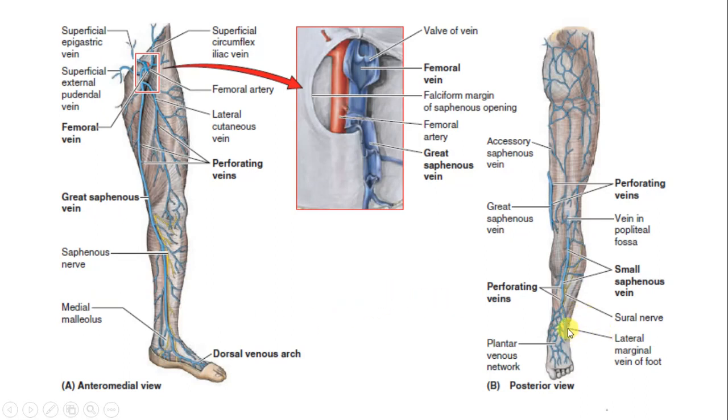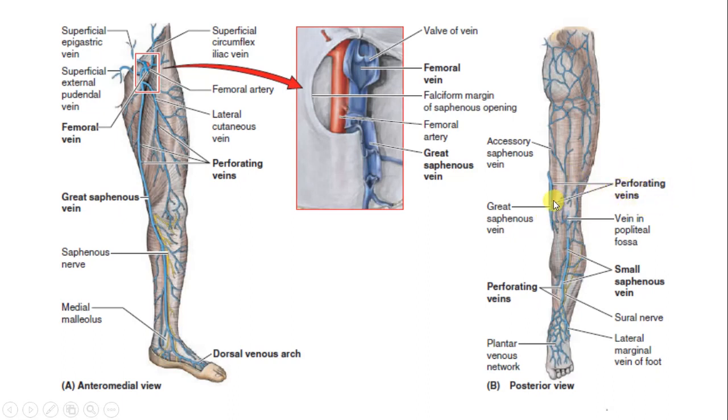In the posterior view, we see the small saphenous vein running upward from the lateral side on the posterior side and ending in the popliteal vein. Inside are the deep veins, which are connected to the great saphenous vein through the perforating veins.